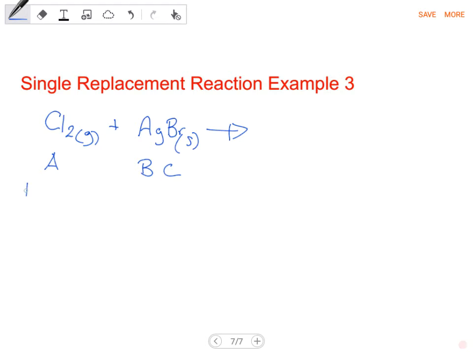Look at this. Chlorine's a non-metal. So what is it going to replace? Because silver is a metal, bromine is a non-metal. That means this chlorine is going to replace the non-metal. Non-metals replace non-metals. So by itself should be bromine.